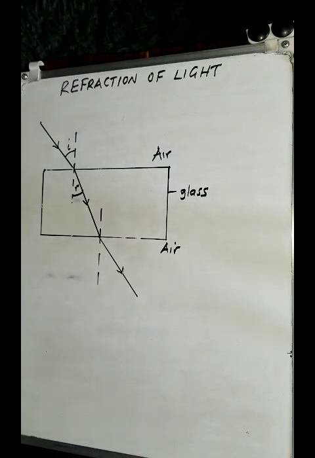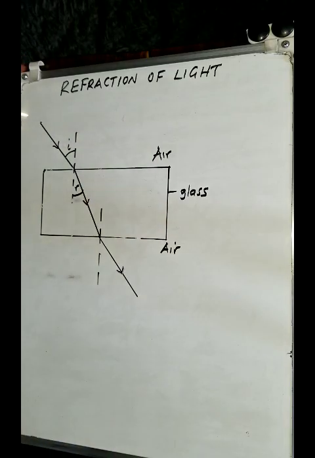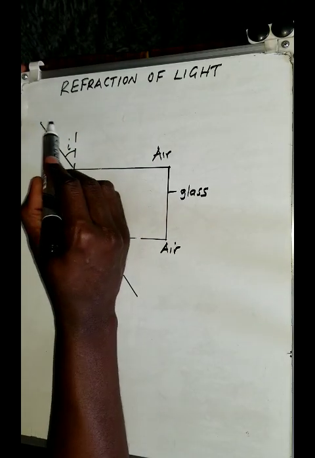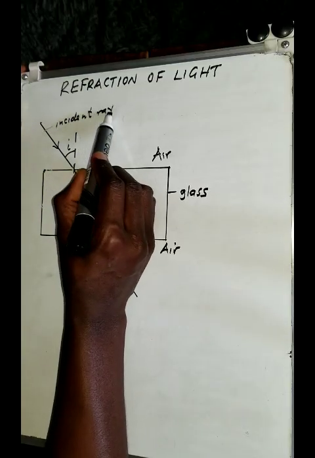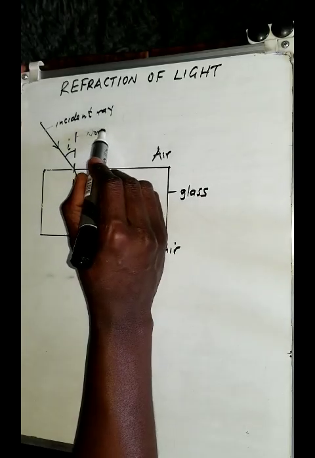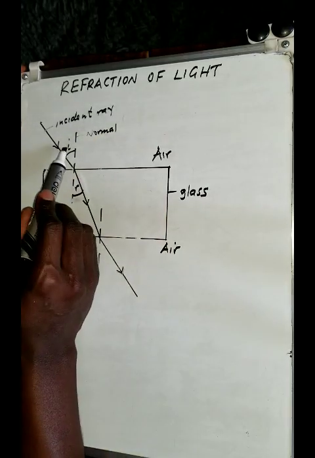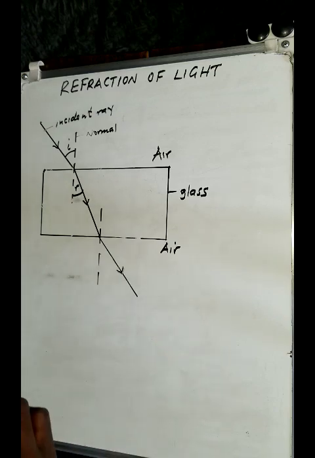So now they can ask you what these rays are called. Remember, this one is what we call the incident ray. That's what you need to remember. That is just representing the normal. That is the angle of incidence that we have there.